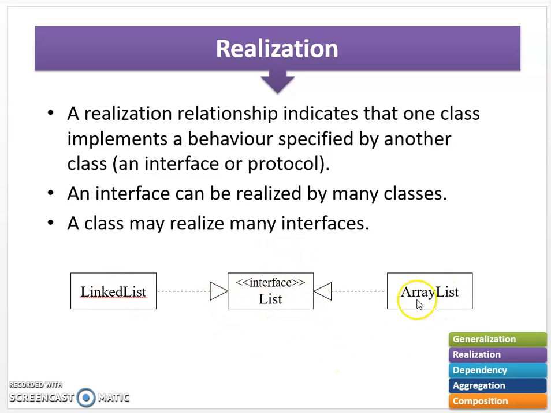An array list realizes an interface list. A white or an empty triangle will always point towards the interface or the protocol. It will always point towards the class that needs to be realized.